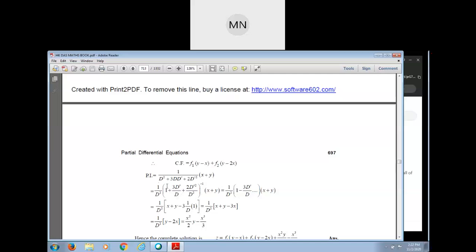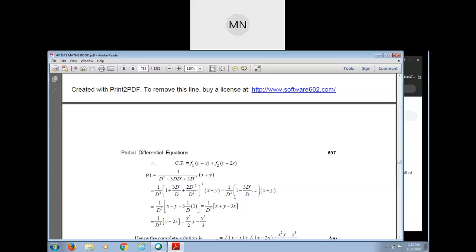Here x is 3D dash by D plus 2D dash square divided by D square. So according to the expansion we get 1 minus 3D dash by D minus 2D dash square divided by D square, into x plus y. And the other terms we omitted here.